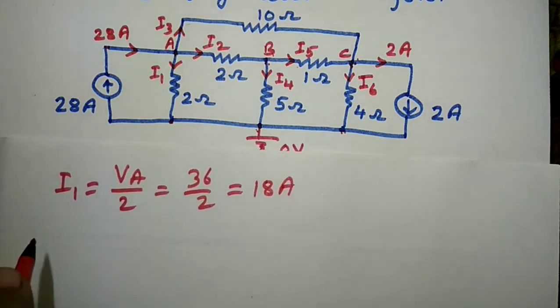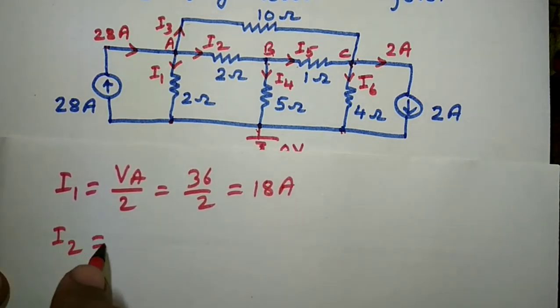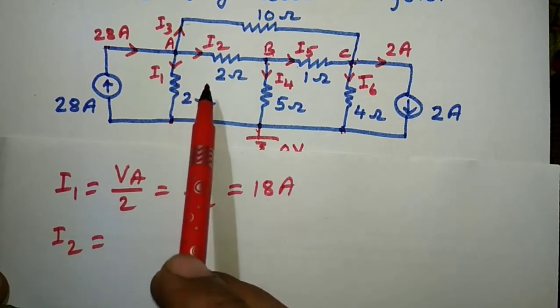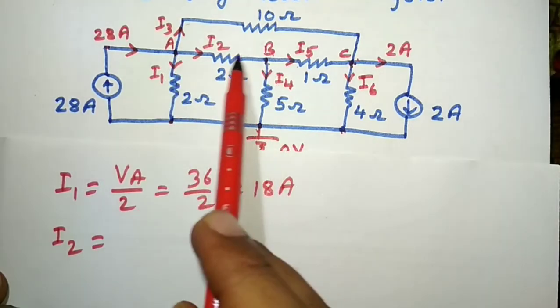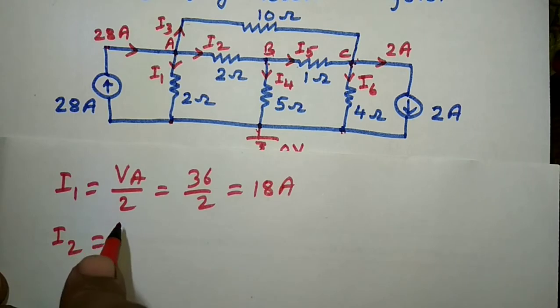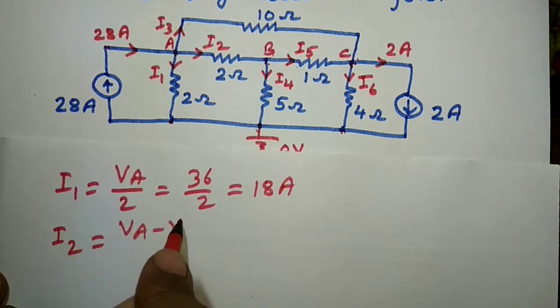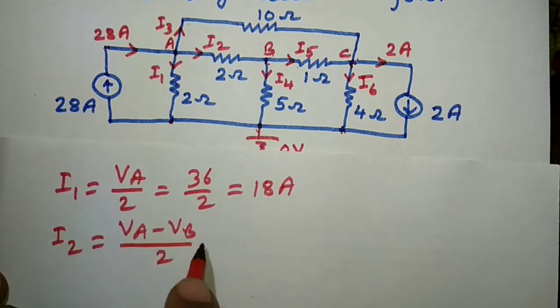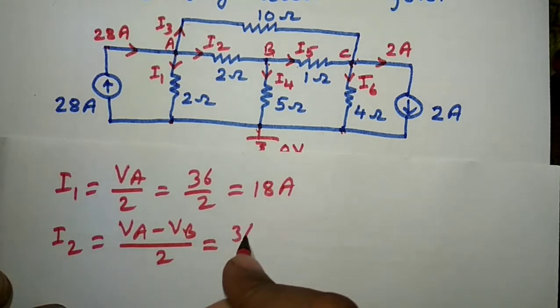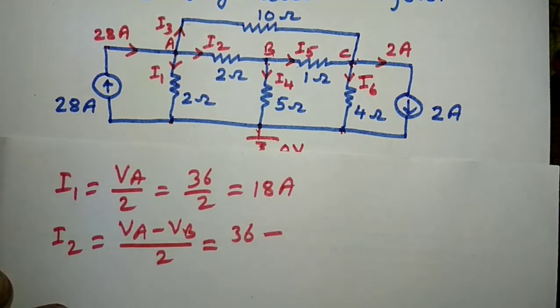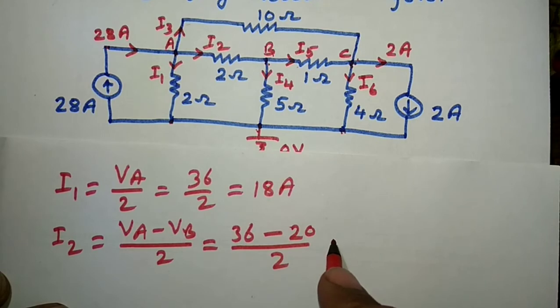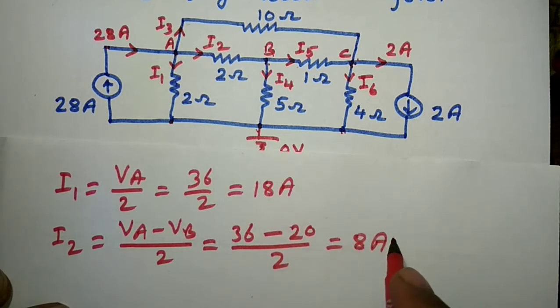The value of I2 is VA minus VB upon 2. The value of VA is 36 and the value of VB equal to 20 upon 2. So it will be 8 ampere.